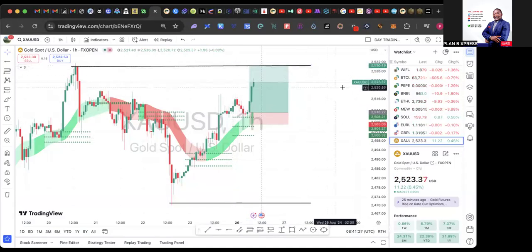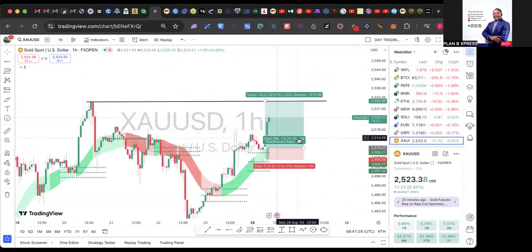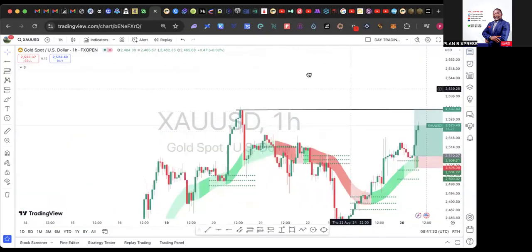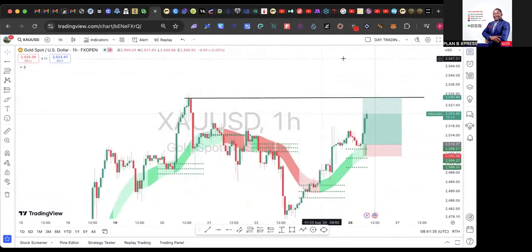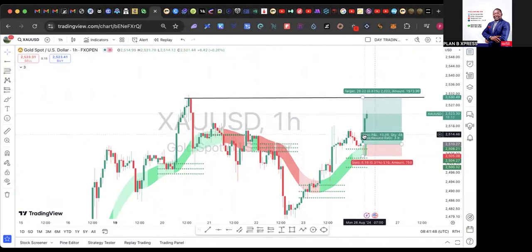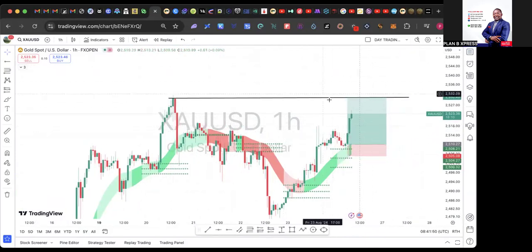So what I was waiting for, if you look at gold here, what I'm waiting for is that if gold takes out this high and then maybe flips liquidity, and then if you sweep liquidity and what you normally refer to as a fake out and then get rejected, so I'm going to be shorting.